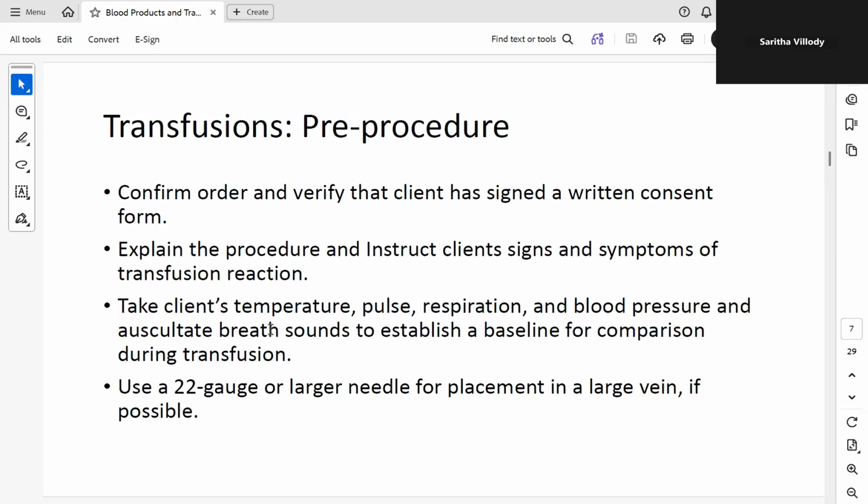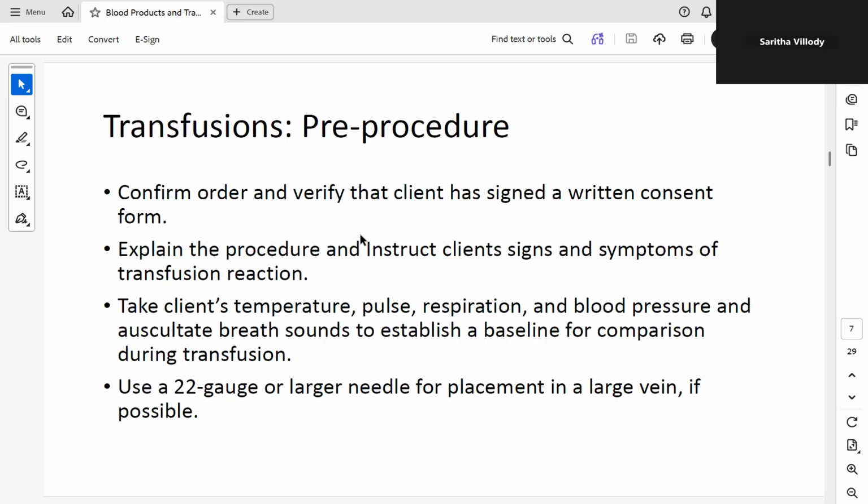All the blood products, including albumin and IVIG, we watch for transfusion reaction. So for transfusion pre-procedure, our responsibilities are to verify that the patient has a written consent. Now, in your practice, you will see that ideally the consent should be obtained by the physician, or the most responsible provider.